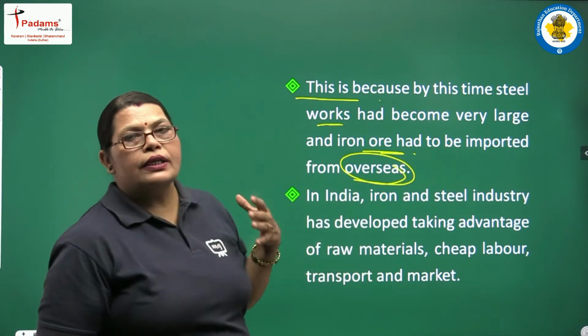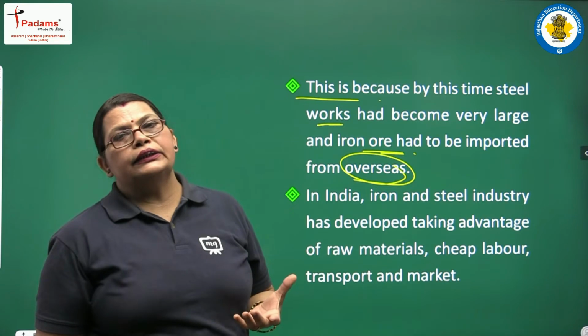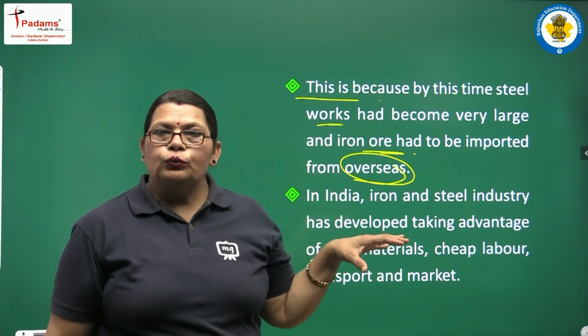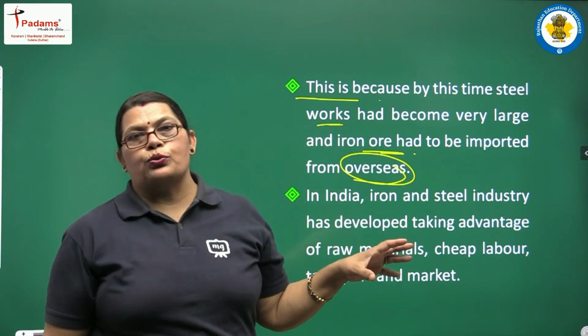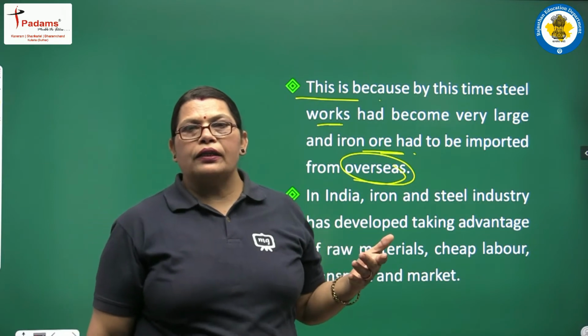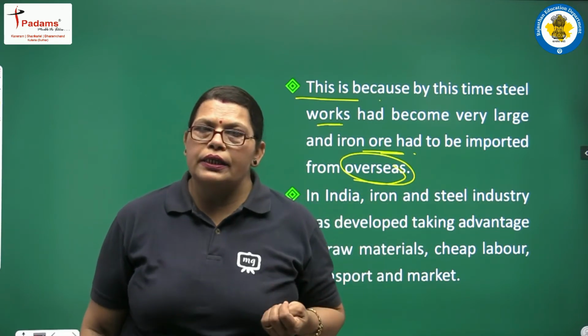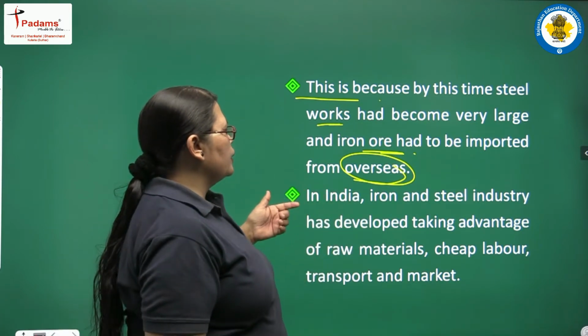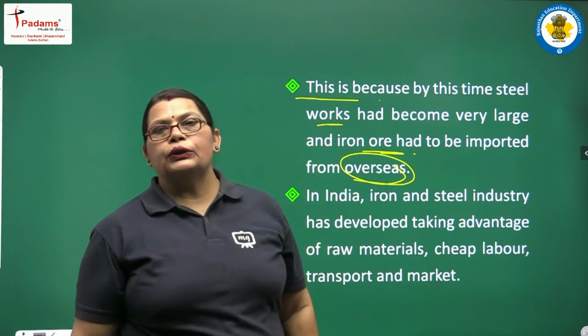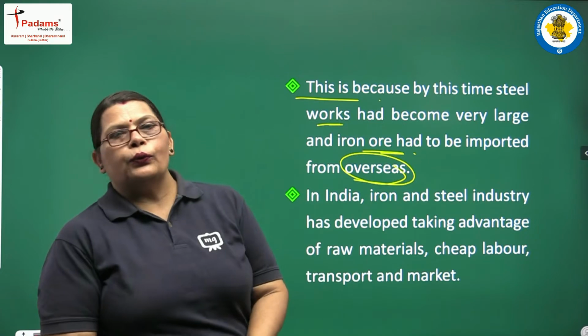So, this is the real reason behind the location near seaports. जब भी हम सी पोर्ट्स की बात करते हैं बच्चों, हम क्या कहते हैं कि इंपोर्ट करने में हमें इजी रहता है, क्योंकि ज़्यादातर जो इंपोर्टिंग होती थी वो कहाँ से होती थी, ओवरसीज से ही होती थी.